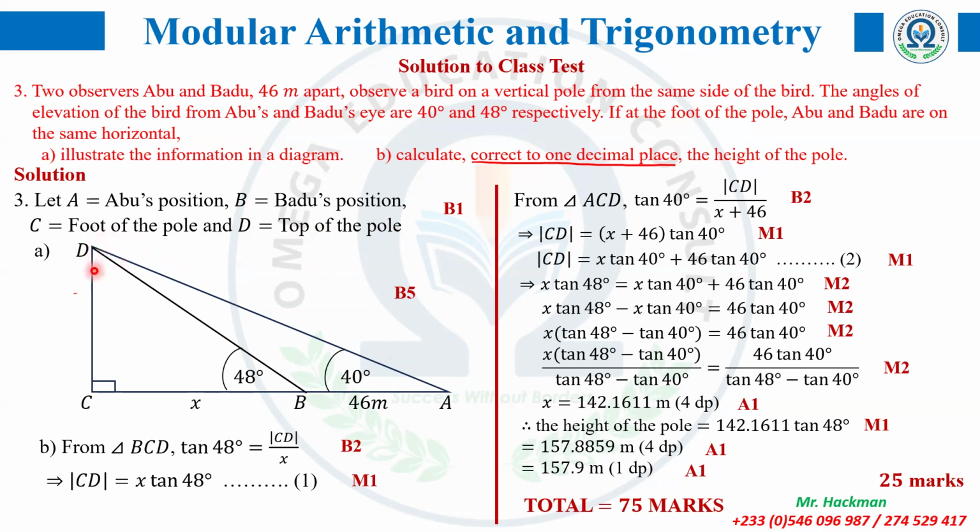Now, I've told you I'm not going to belabor the point: the closer you are to the pole, the bigger your angle of elevation to sight any object on top of the pole. Take note: the closer, the bigger.